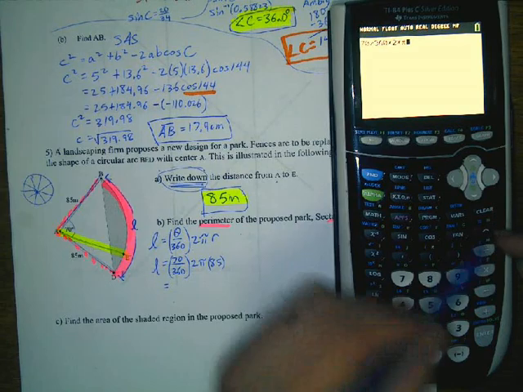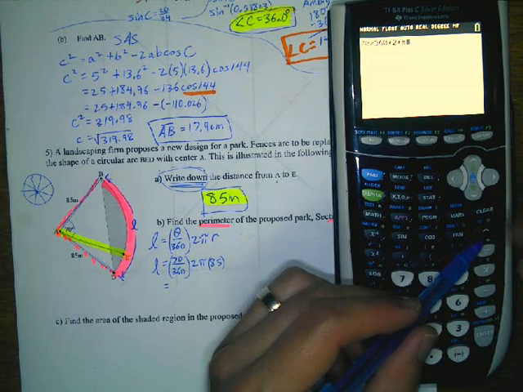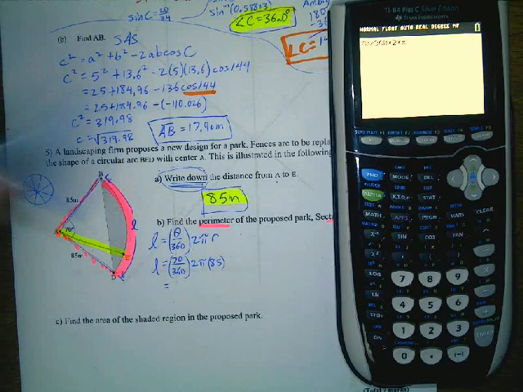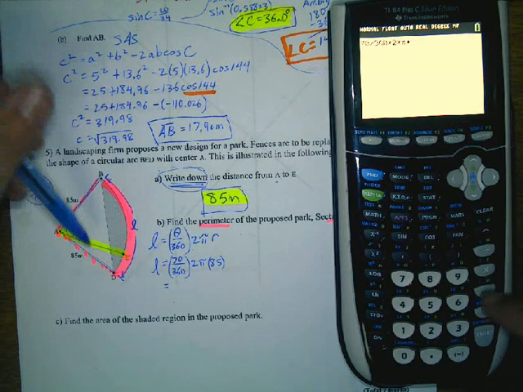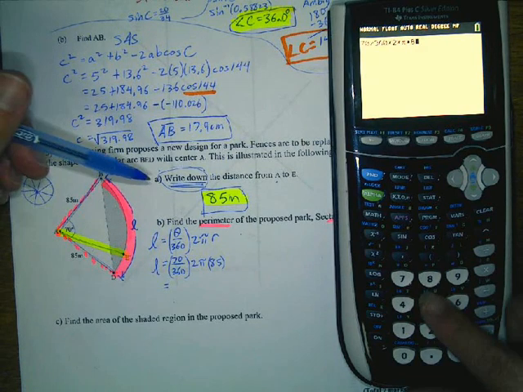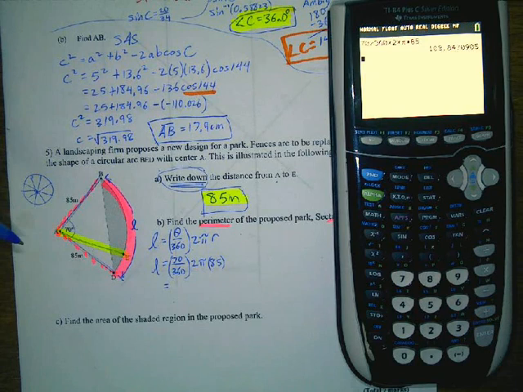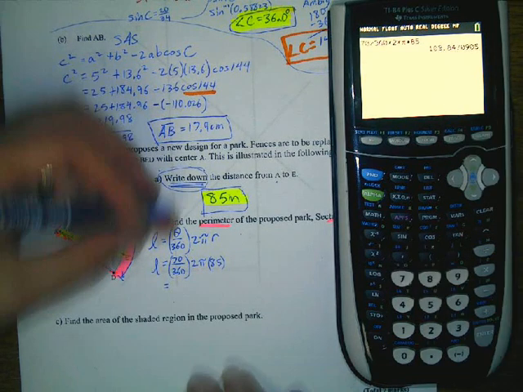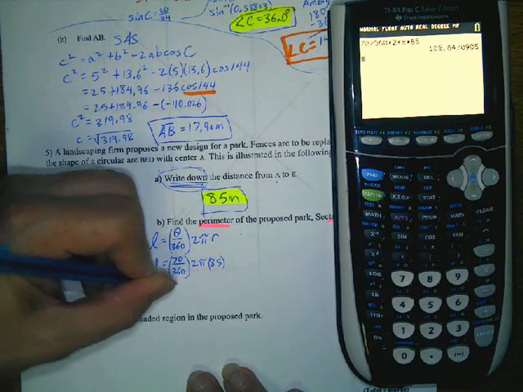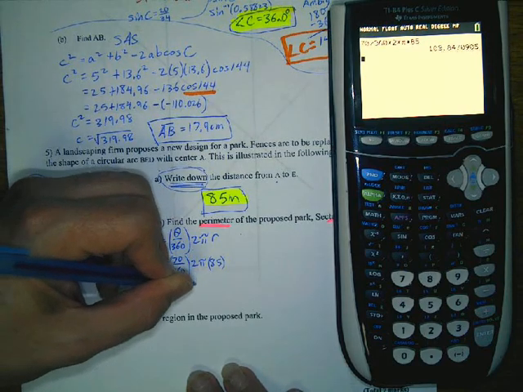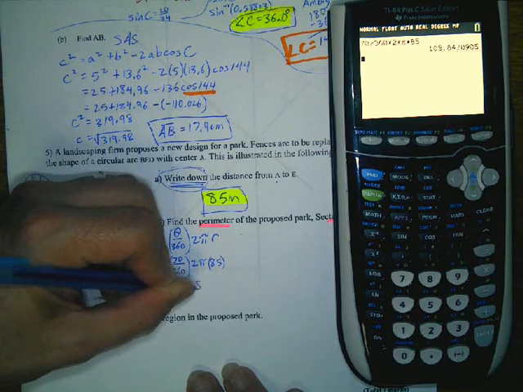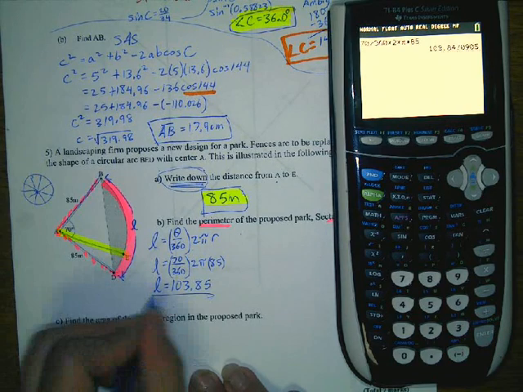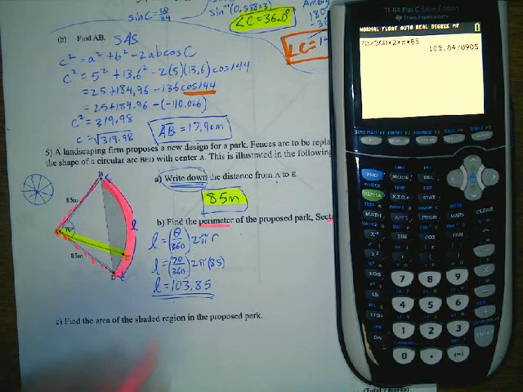I have to hit second button and this button right here, the little caret button, and that's going to give me pi. And then times 85. And then I hit enter, and then I'm going to get 103.84. So this is equal to 103.85. Okay, that is this length here.